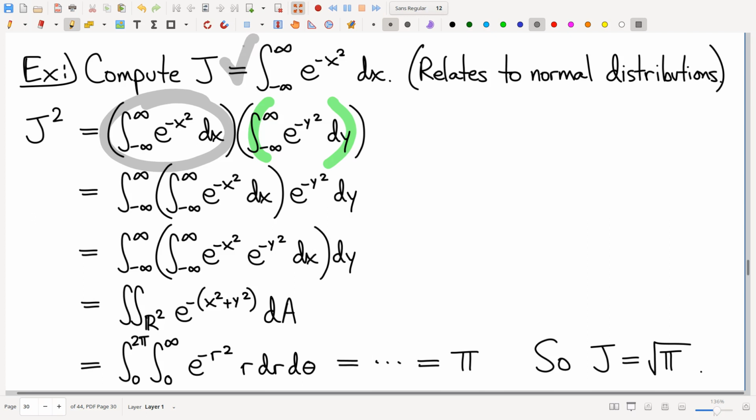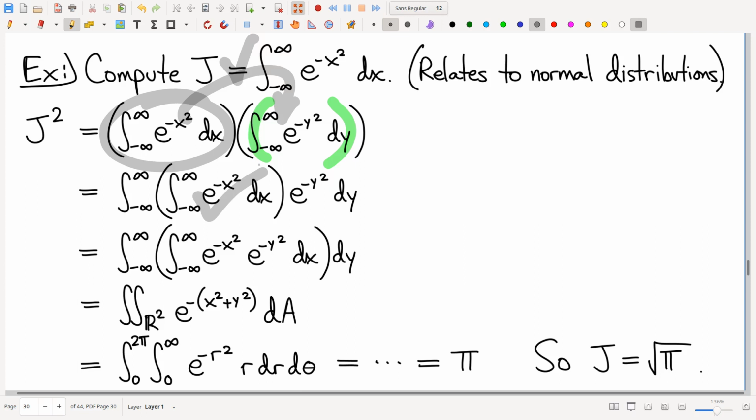I don't know what it is yet, but it's just a number. It's not a variable. It can't equal a bunch of different things. It's just a single value. It's a constant. And constants you can move inside of an integral. Weird that I would want to do that, but legal.